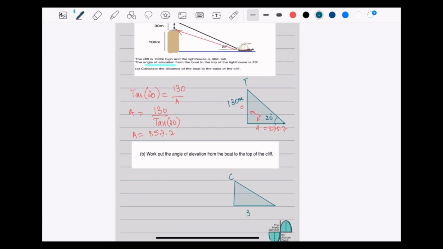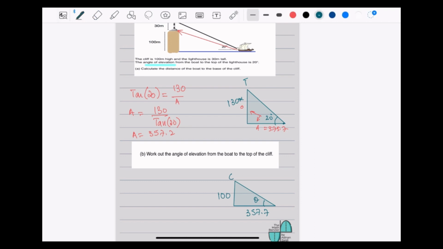But the distance here is 357.7 because the ship is not approaching towards the cliff. So this is going to be 100, and now I need to find how much the captain of the ship has to elevate in order to view the top of the cliff.